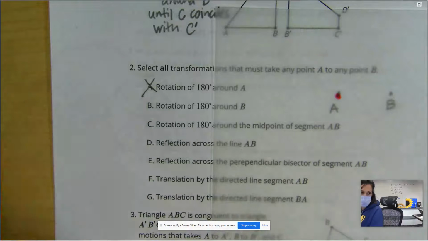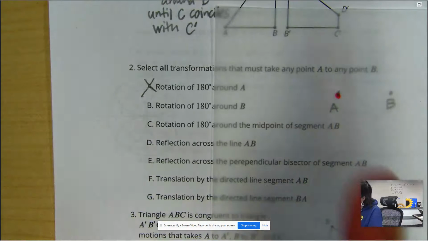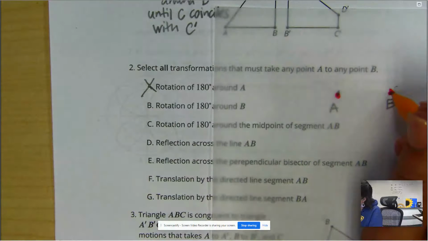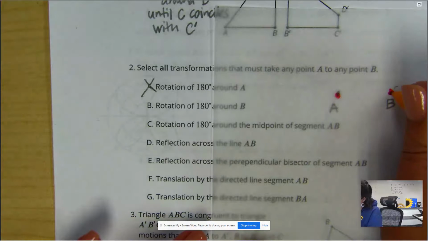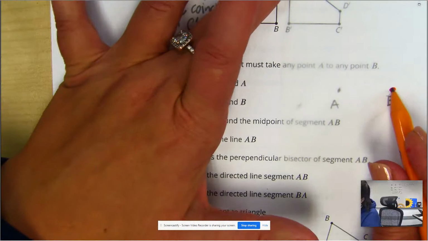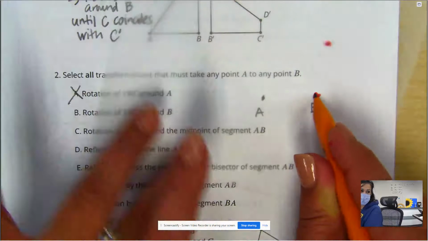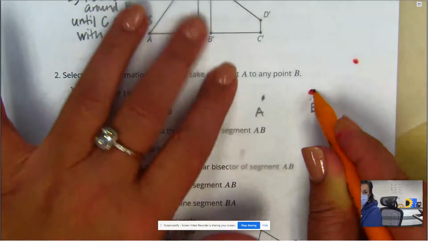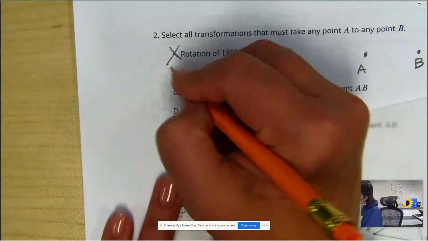Okay, here's A. What if I rotate around B? I mean, it does move A, but it doesn't take A to B. See, A's over there. So if I rotate around B, it does move the point, but it doesn't bring it to B. That doesn't work.